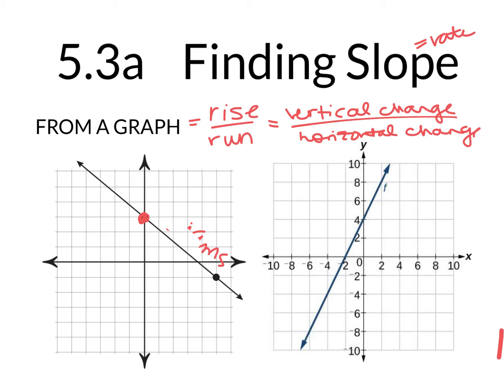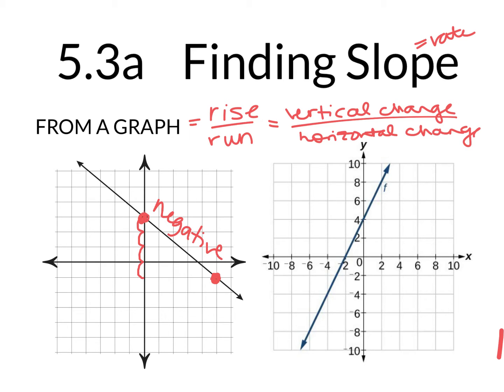And if we're starting there, this line is going to have a negative slope because it's decreasing. So I'm just gonna make a note of that to myself. This is negative. And so my goal is to count from that first point to this second point. And I want to count rise over run. So first I'm going to go vertical. And if I count this, I'm going to go 1, 2, 3, 4.